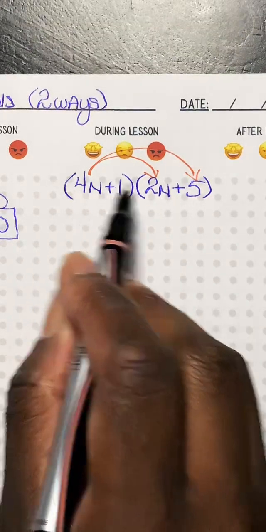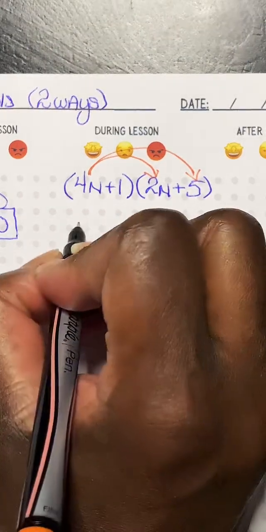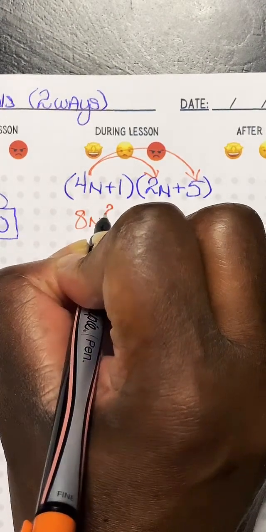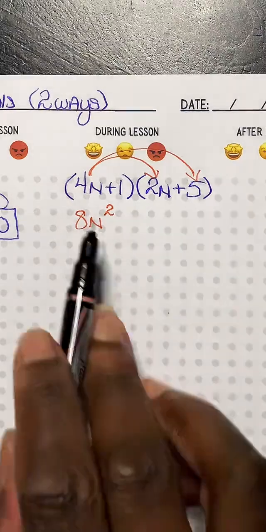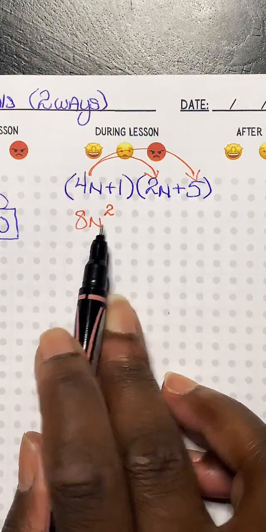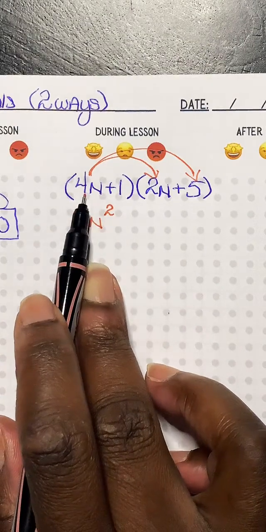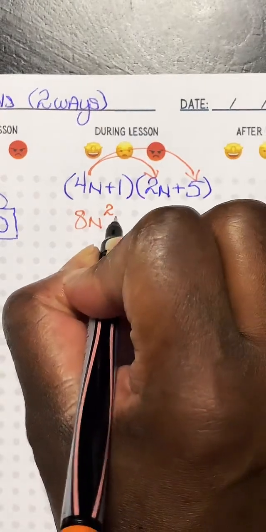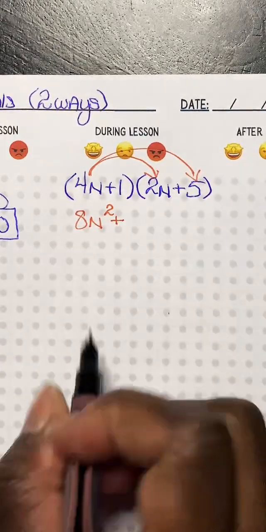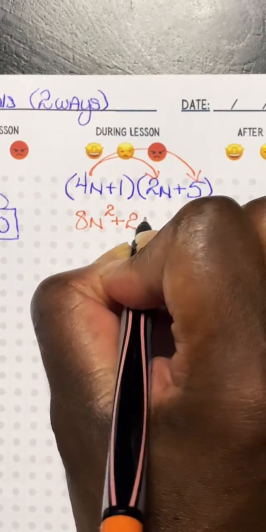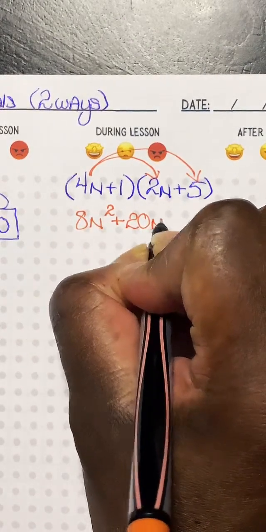So 4n times 2n gives me 8n squared, because there's one n here, one n there, two n's all together. Now we distribute the 4n to the 5. It's a positive 5, so that's why we put the plus sign down. 4n times 5, 4 times 5 gives me 20, and I'm bringing down the n.